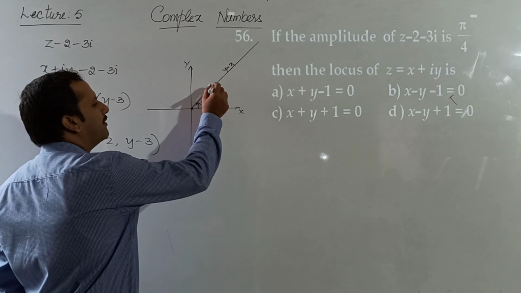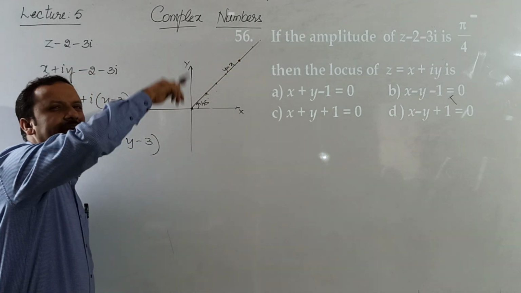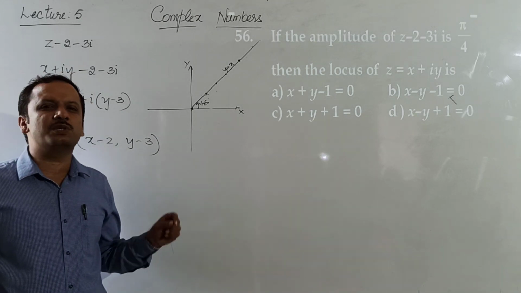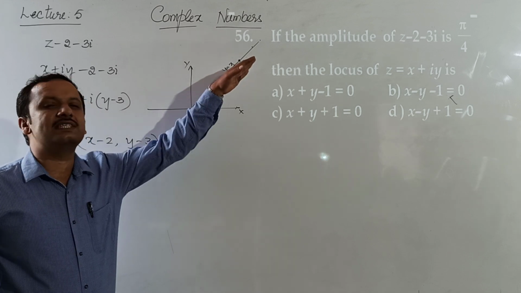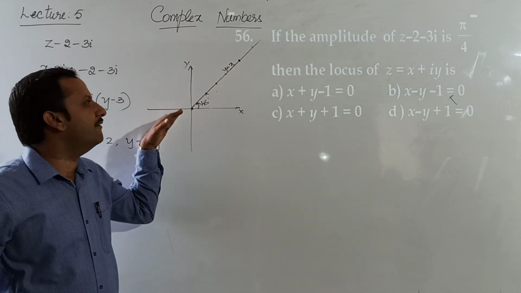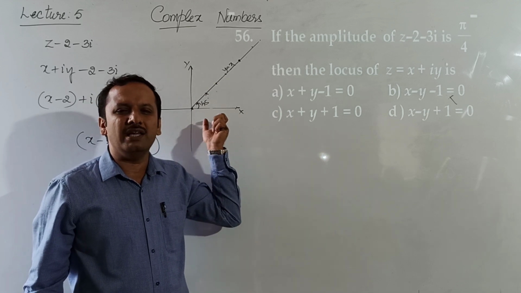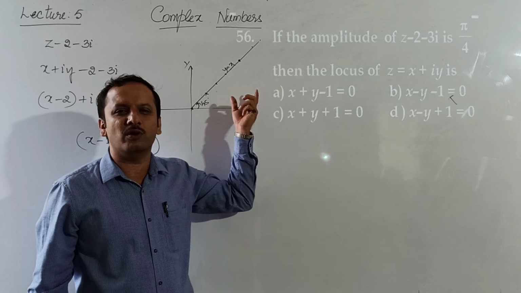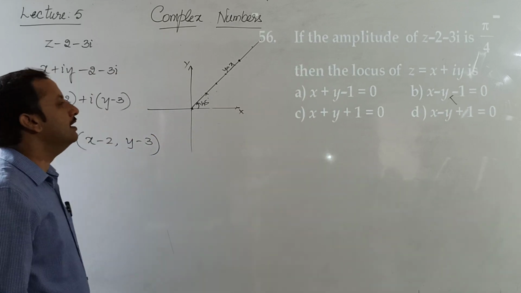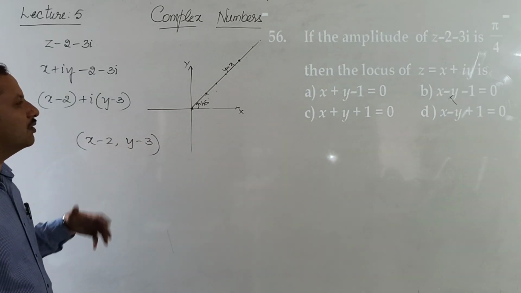Then you will have 1, 1, 2, 2, 3, 3, 4, 4, 5, 5, 6, 6, etc. You take any point on this line, you will observe that the x coordinate is equal to the y coordinate, because the equation of this line is y is equal to x. Every point on this line will be of the form x comma x. Not only integers, you can have 1 by 2, 1 by 2, 1 by 3, 1 by 3, etc. So every point on this line will have x coordinate equal to y coordinate.